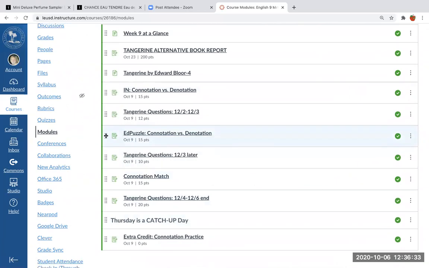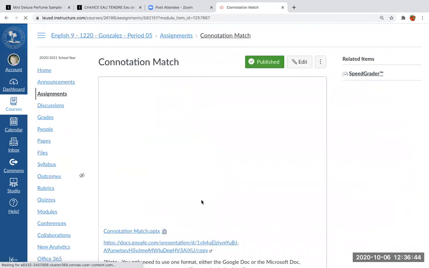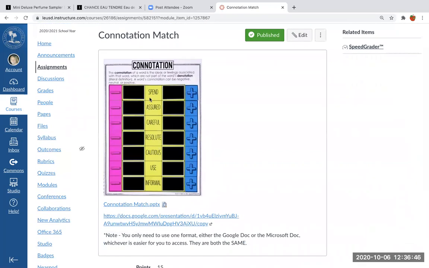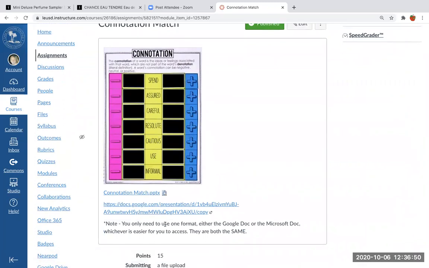Oh, I switched those. Let me move this for you. All right. So it should have just switched for you guys too, but go ahead and click on the connotation match. And then it looks like this. It's going to open up just like if you were opening up an IN page.